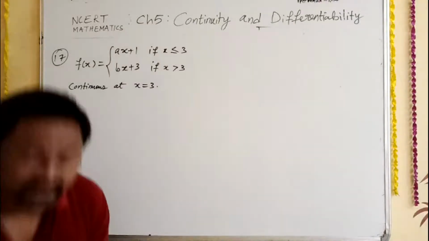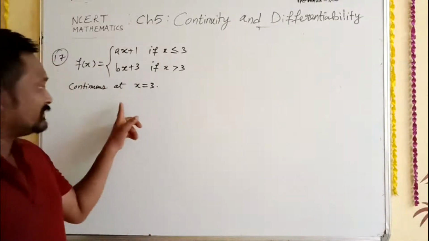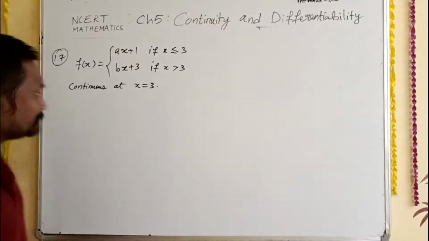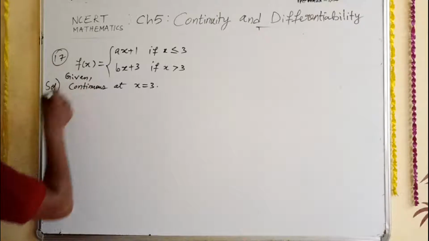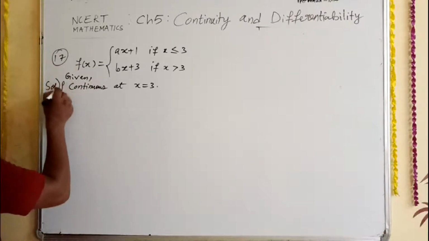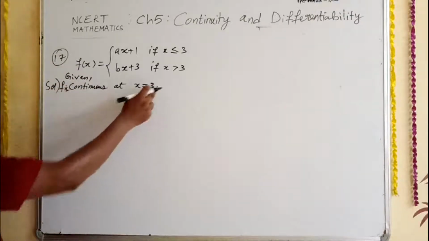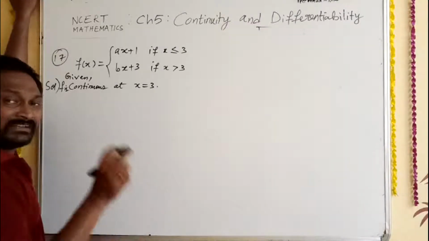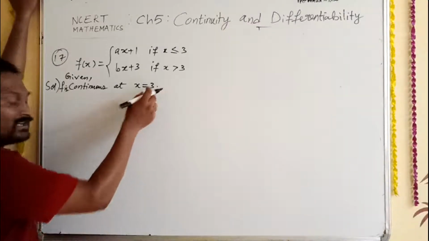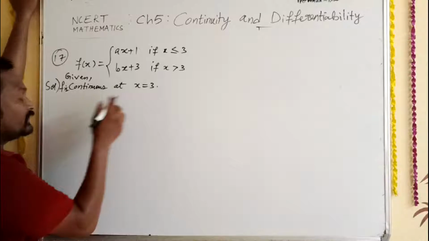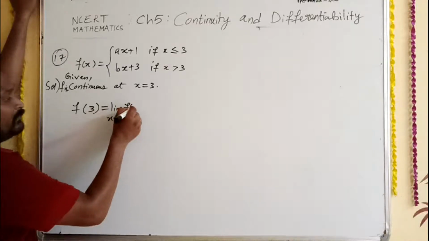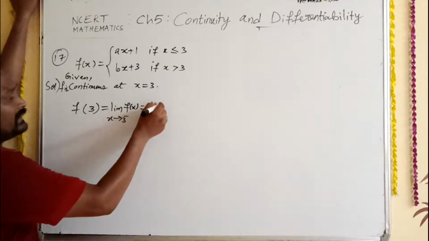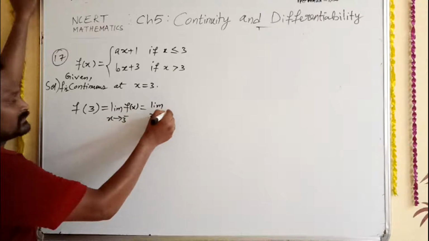They only mentioned that it is continuous at x is equal to 3, so it is very simple now. Just write the solution: given that f is continuous at x is equal to 3. For it to be continuous at that point, we know that f of 3 equals limit x tends to 3 minus f of x equals limit x tends to 3 plus f of x.